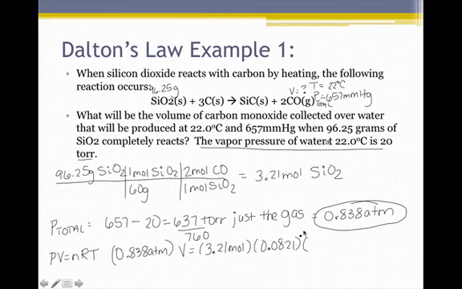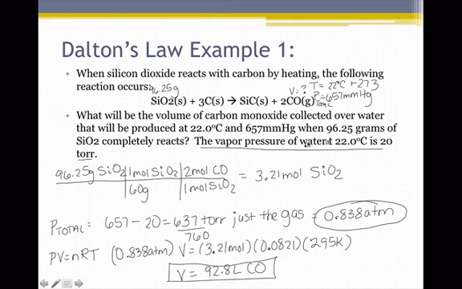And then for the temperature I've got to remember to add 273, so I'm going to put 295 Kelvin in as my temperature. And when you solve for V, you end up with 92.8 liters of carbon monoxide. So the big thing here is when you're reading your problems, you need to make sure that if it's saying over water, you take into account the vapor pressure of water.